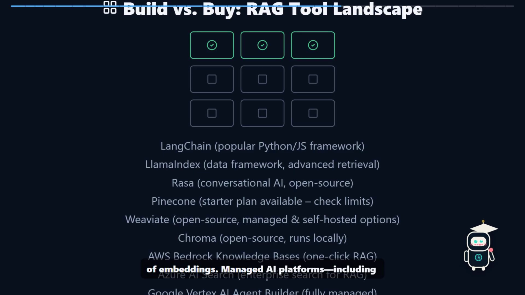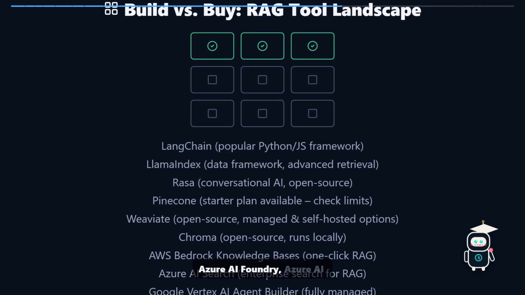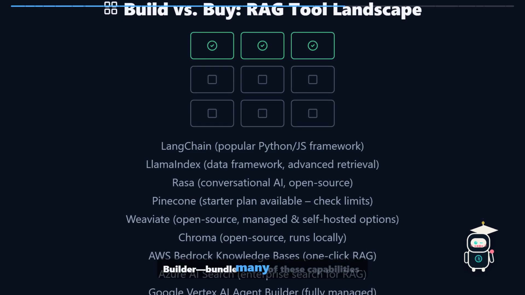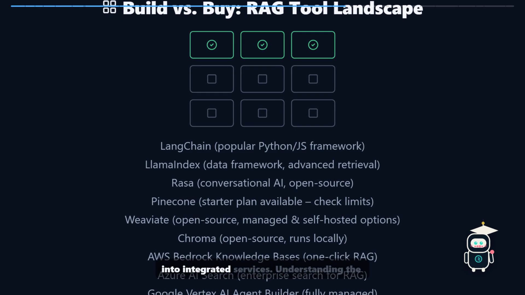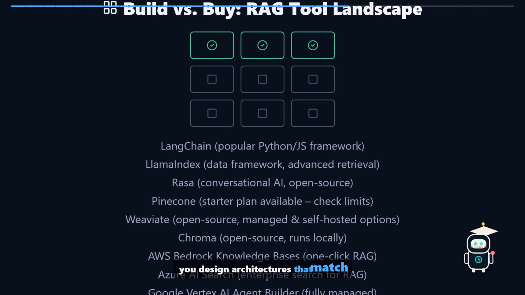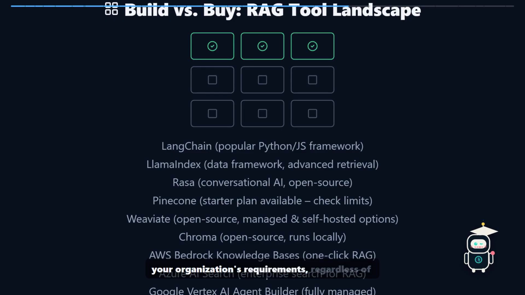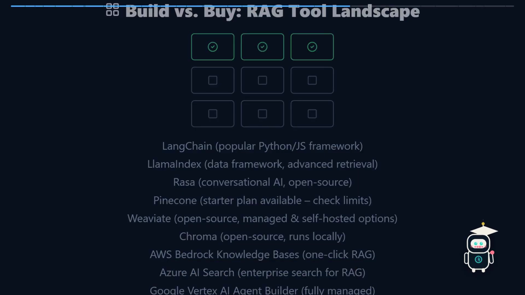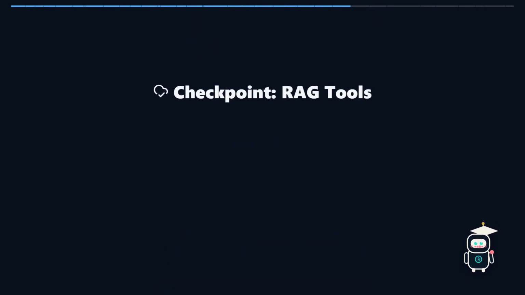Managed AI platforms including Azure AI Foundry, Azure AI Search, Amazon Bedrock Knowledge Bases, and Google Vertex AI Agent Builder bundle many of these capabilities into integrated services. Understanding the role of each layer helps you design architectures that match your organization's requirements, regardless of which products you ultimately choose.